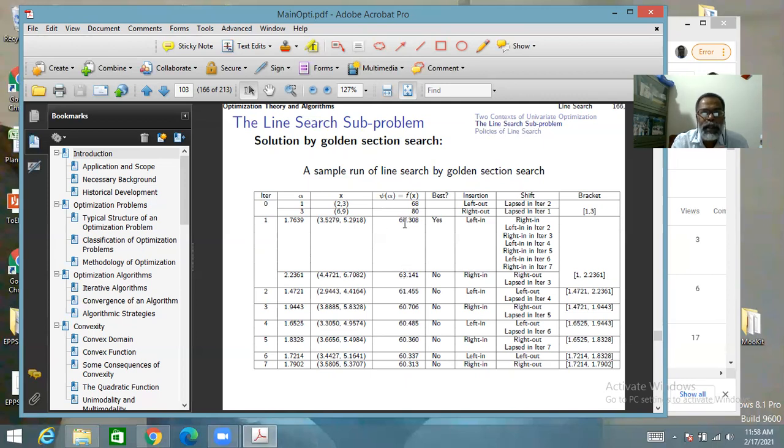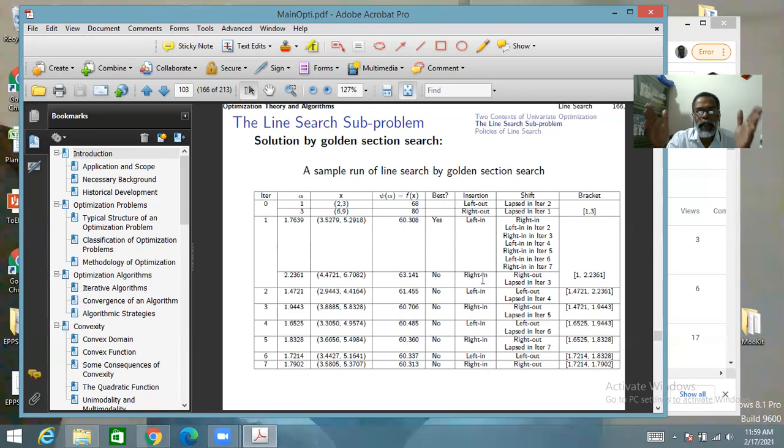And this turns out to be the best till now, because till now the values that we have are 68, 80, 61 kind of thing. And this is also higher. So this is the current best point. In any case, to begin with, this gets positioned as left in, at the x1 position in the terminology of golden section search. This gets positioned at the x2 position, right in.